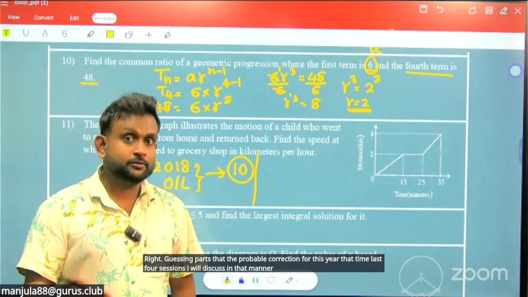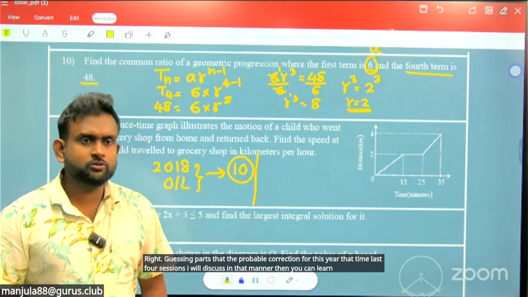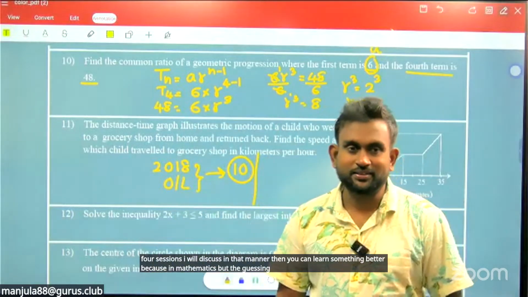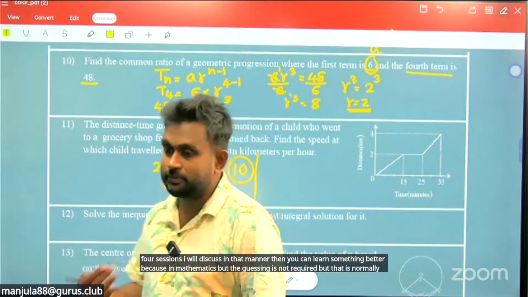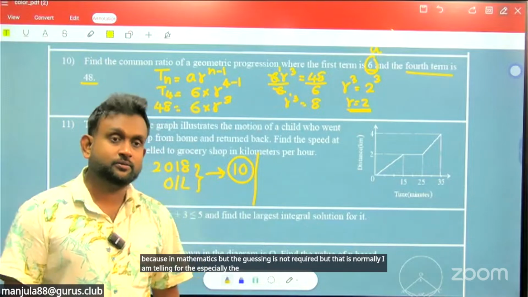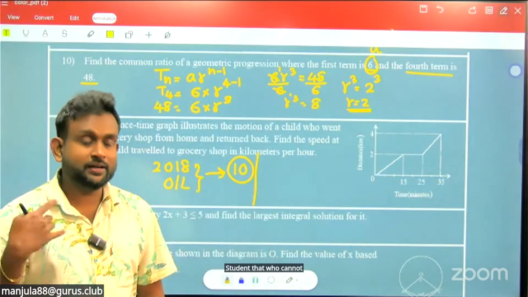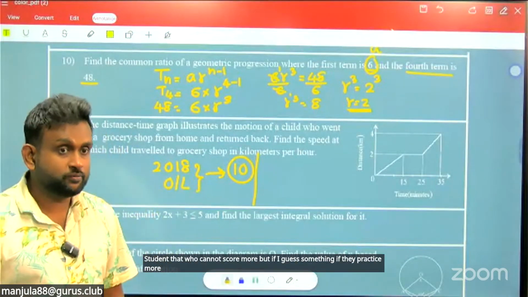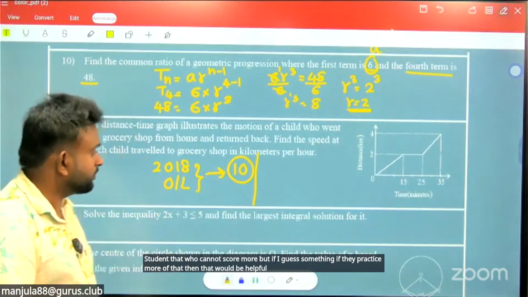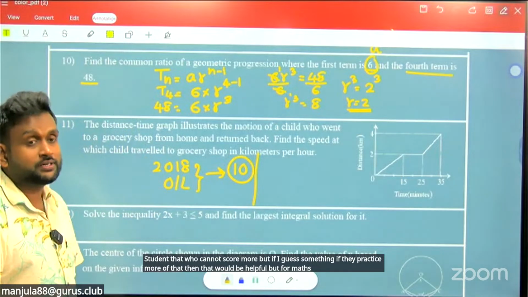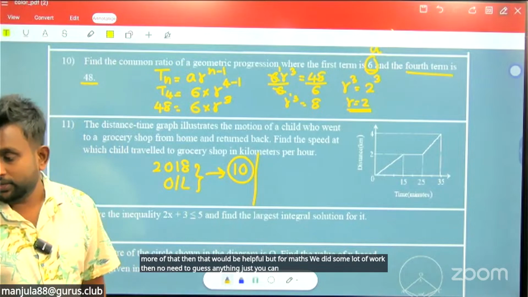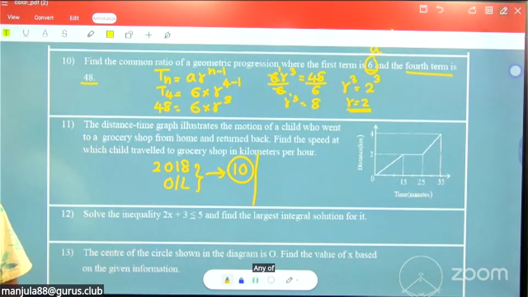Guessing is not required in mathematics, but I normally tell this especially to students who cannot score more. If they practice what I guess, it would help them. But for maths, if we do a lot of work, there is no need to guess anything.